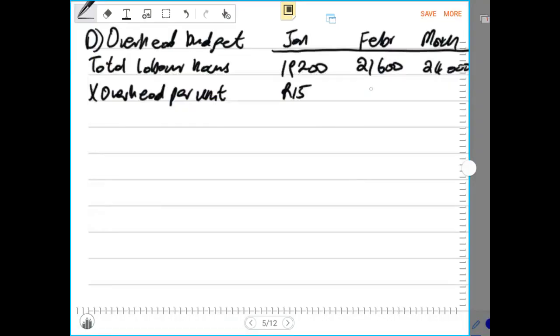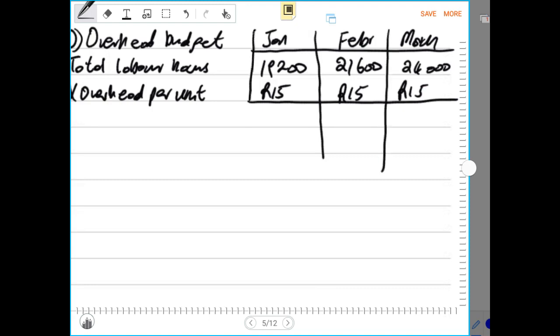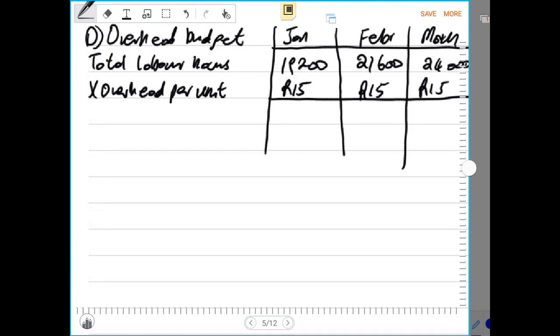Then we multiply by 15 rand. Remember, this 15 rand is 15 rand per direct labor hour. So that is why we multiply it on the direct labor hours, so that we get to our variable total overheads. Then after we add the fixed portion, then we get to the total overheads. That will give us total estimated variable overheads.